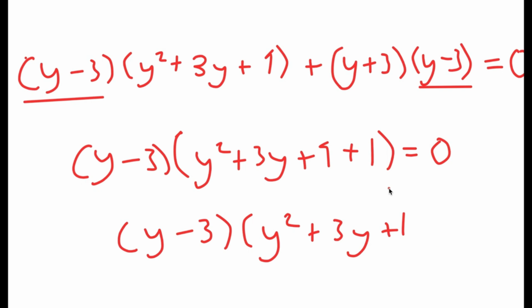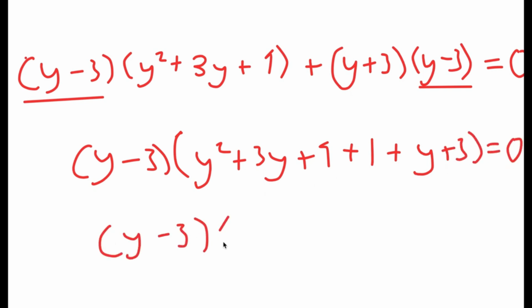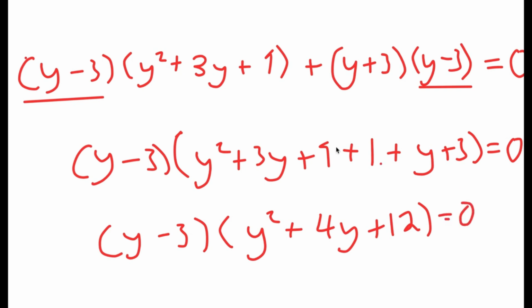Oh, sorry. I also have this plus y plus 3 over here. I forgot about that. So this turns into y minus 3 times y squared plus 3y plus, there's no plus 1 here, plus, this is y squared plus 4y plus 12 is equal to 0.